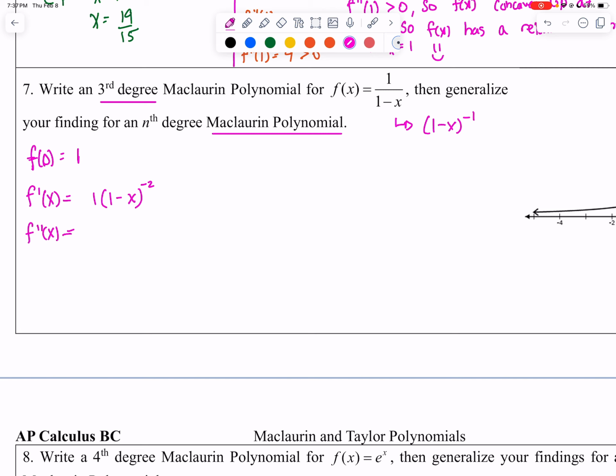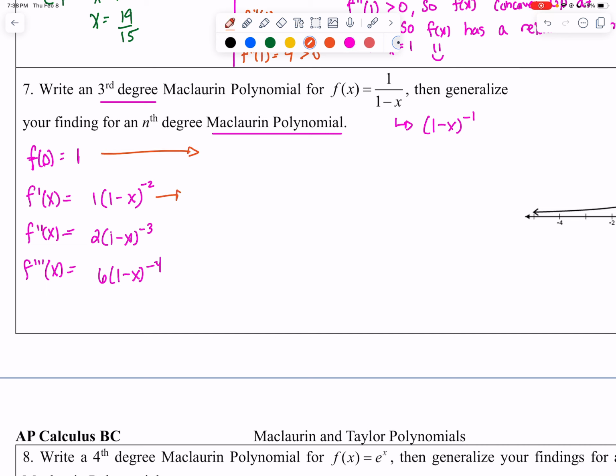My second derivative is going to be negative 1 minus x to the negative 3. But remember that I have chain, aka negative 1, which makes this a positive 2. And then my third derivative is going to be negative 1 minus x to the negative 4. But then watch out. Once again, I have a negative x, which means a negative 1 derivative, which means this is going to be positive. So that gives us my 3 derivatives.